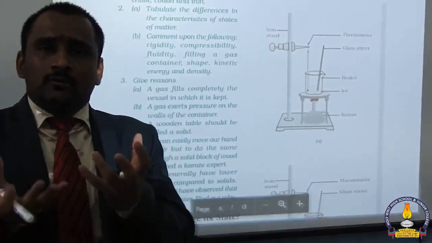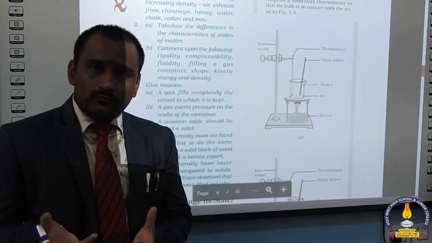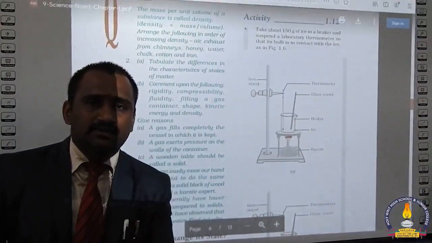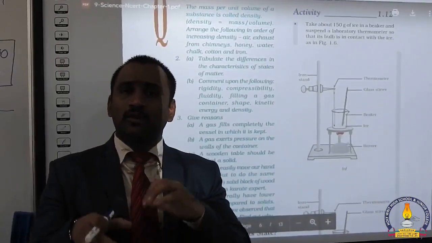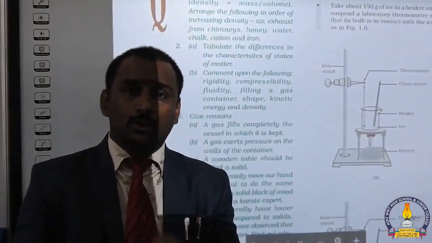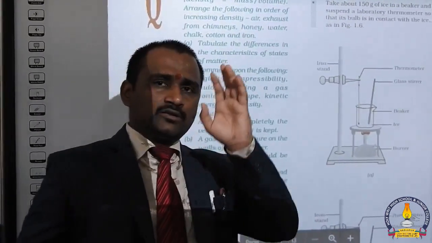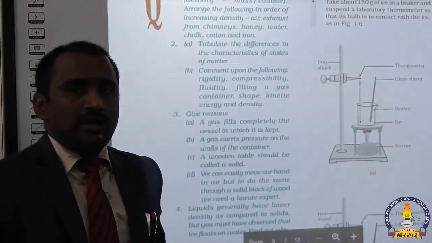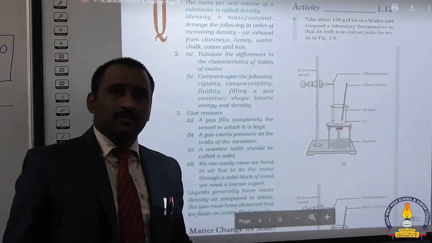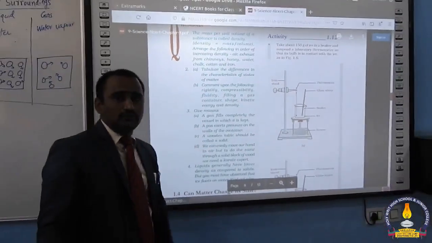But through the solid block of wood, we are not able to pass our hand because it is solid. The atoms of a solid are packed closely with each other. That's why we will need the karate expert to break it, and then only we will be able to pass our hand through that. This is the reason behind this fourth one.